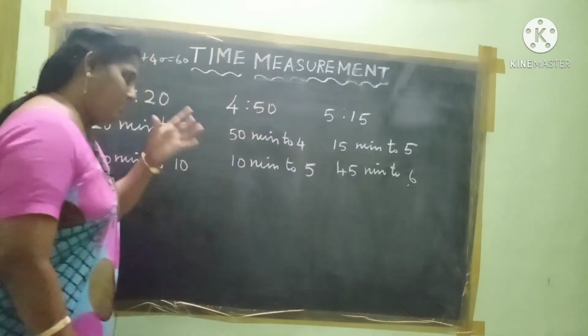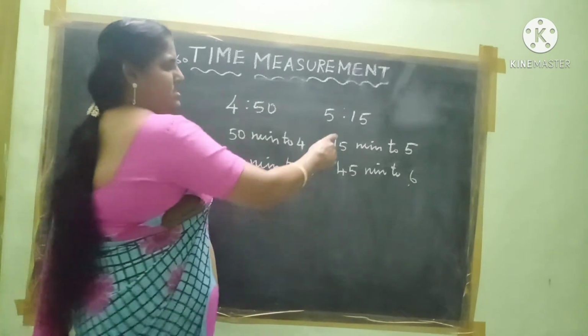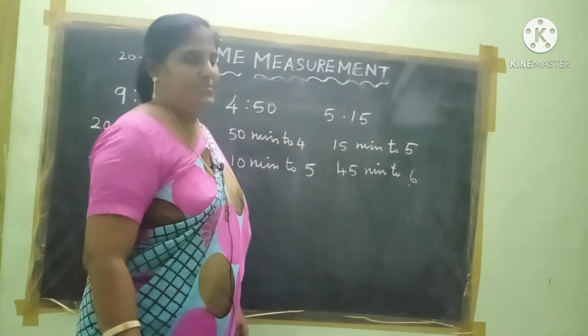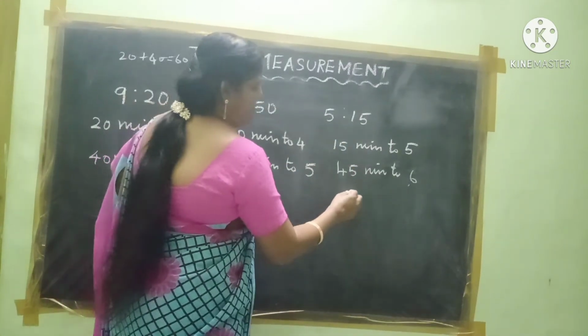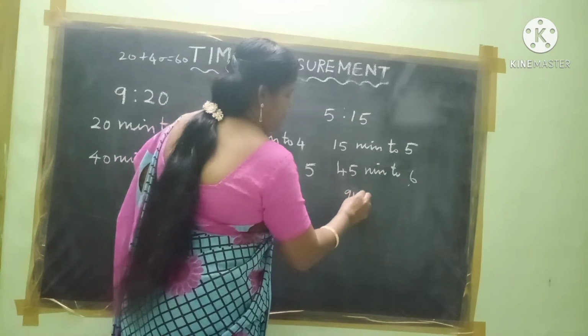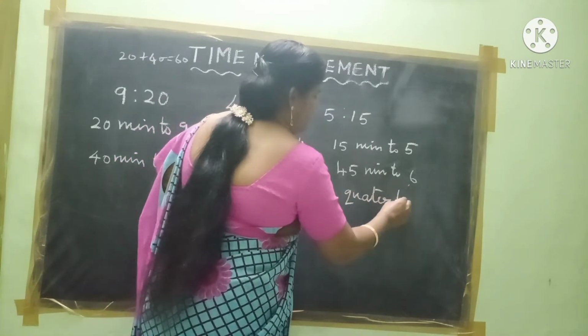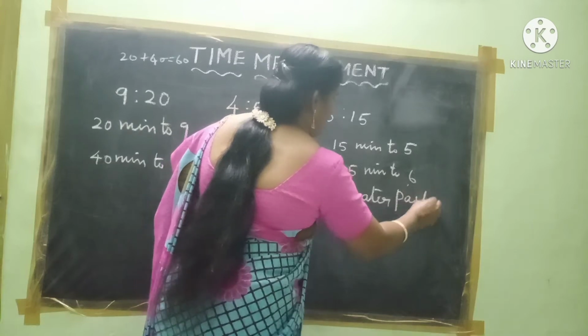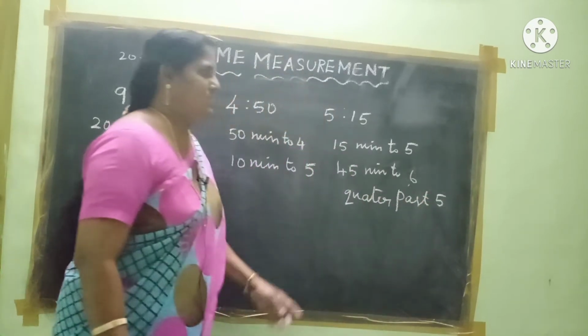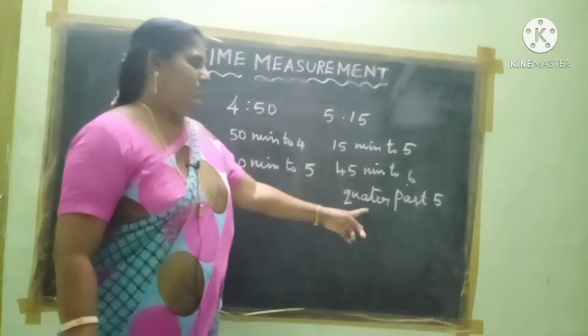Okay. So otherwise, how to say the minutes? If it shows 15 minutes, it means quarter past 5.